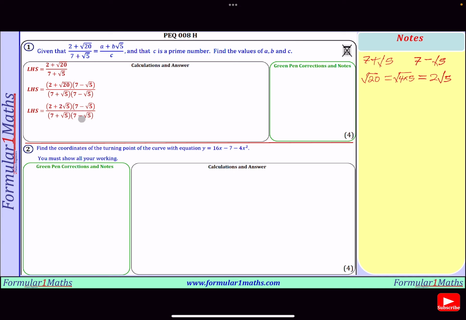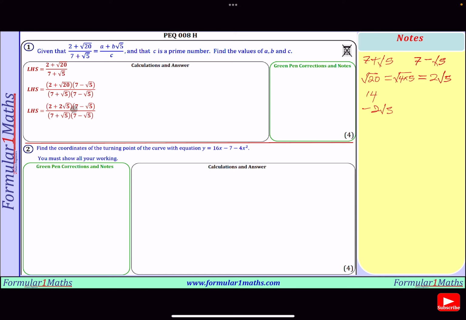We can now expand numerator and denominator. 2 times 7 will give 14, and then 2 times minus root 5 will give minus 2 root 5. The next multiplication will be 2 root 5 times 7.